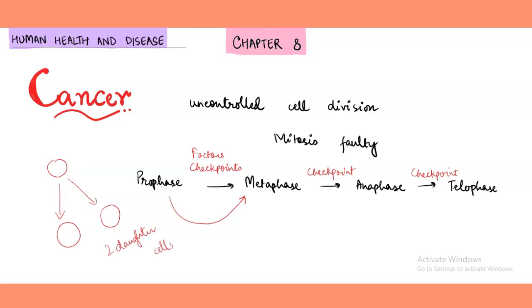But when these checkpoints become faulty, they become mutated, because these are nothing new, these are made up of proteins. So when proteins get mutated, of course the checkpoints will become faulty. In this case, prophase has not been accomplished completely and the cell has entered metaphase.